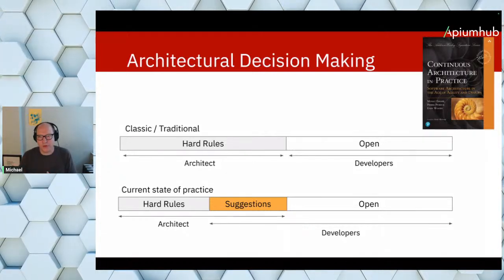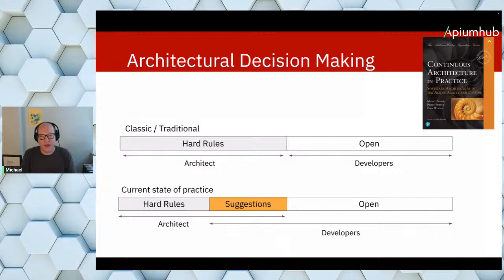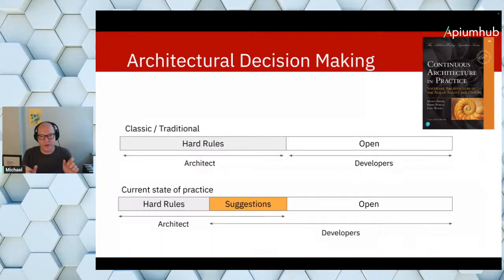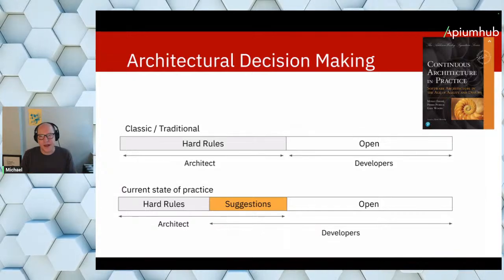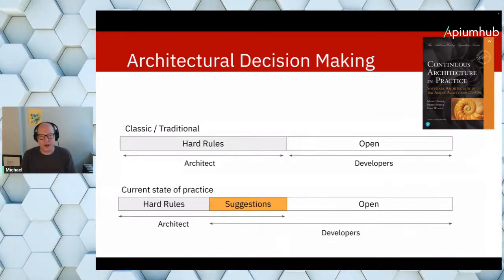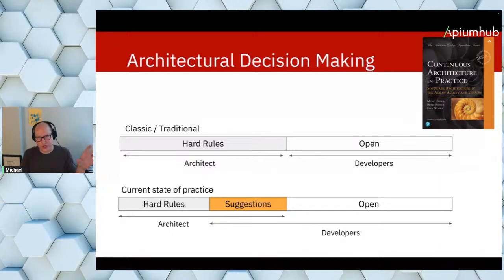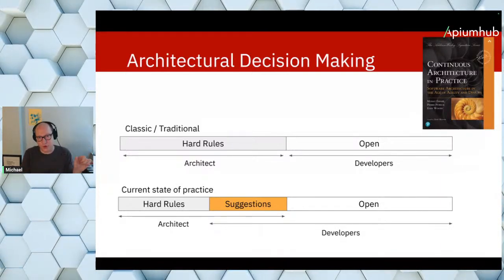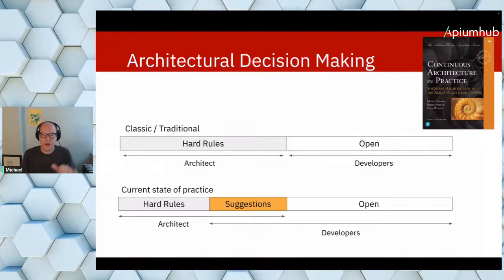I believe Owen Woods, speaking at the book club a couple of months ago, shared some of these ideas around how the evolving role of the architect is contributing to different ways of making decisions. The traditional architect's role is to define the hard rules that people must follow.